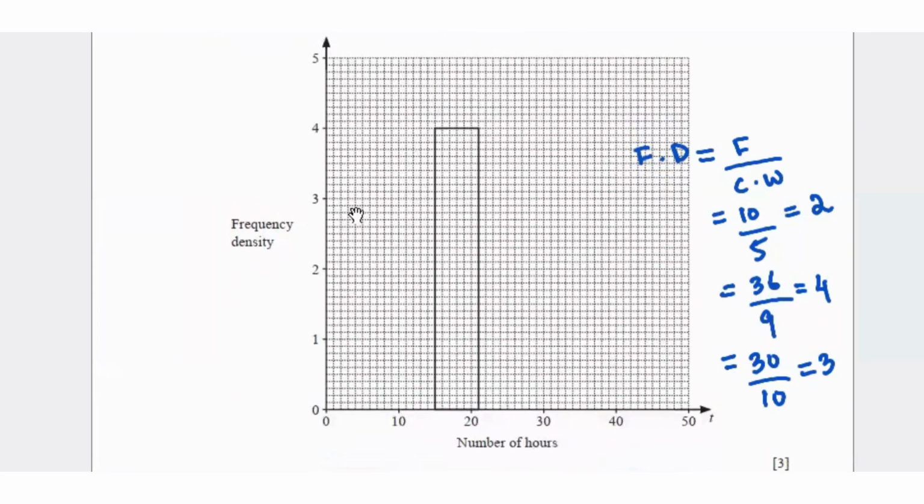So for the first one, this is your column. That was 21 to I think 30. So that's going to be at 4.